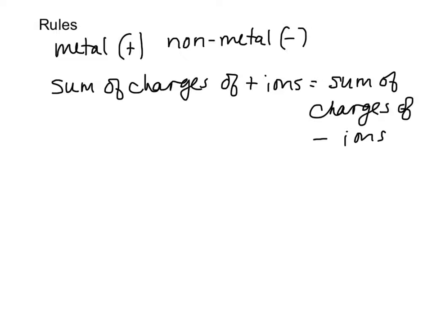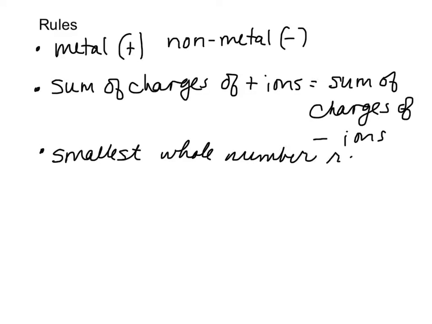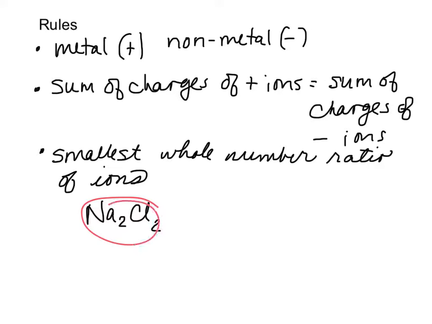It's really not as complex as that one sounds. And then the formula you write is the smallest whole number ratio of ions. So in our sodium chloride, you would not write Na2Cl2. So don't do that.